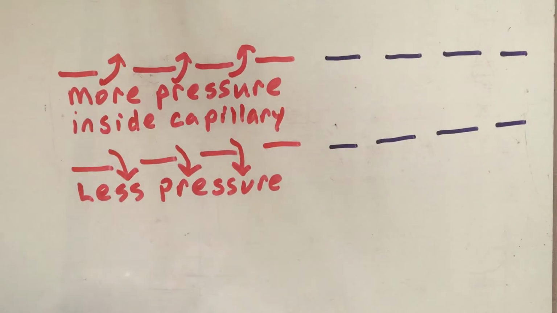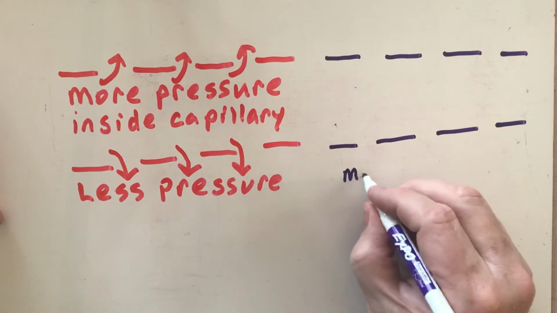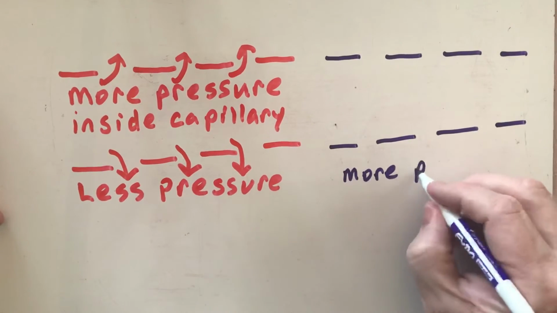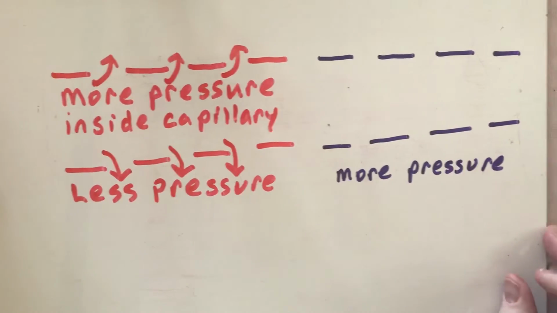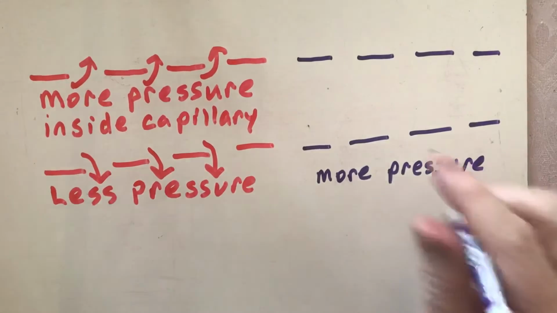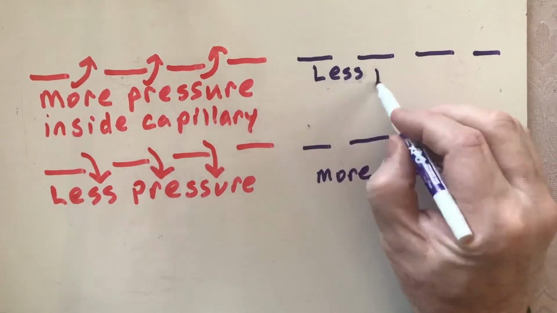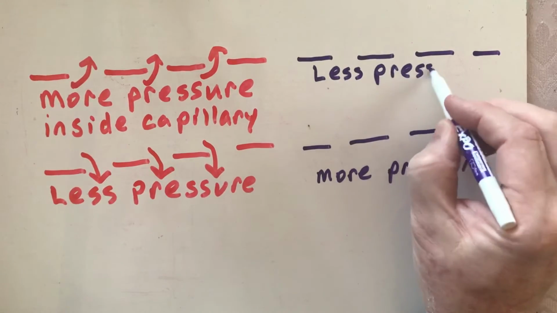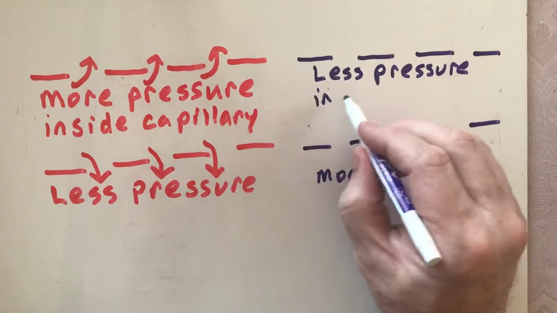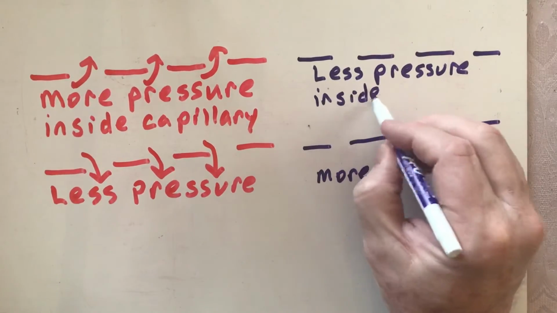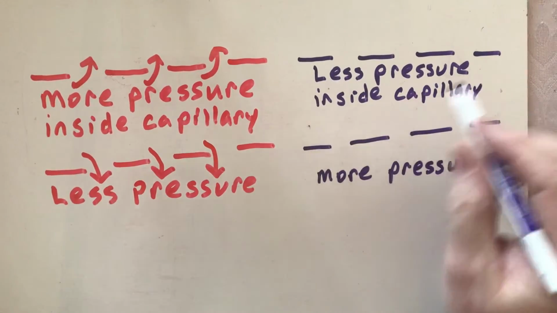Now over here, there's more pressure outside the capillary than inside. So we have less pressure inside the capillary. And because of this, things are going to enter the bloodstream.